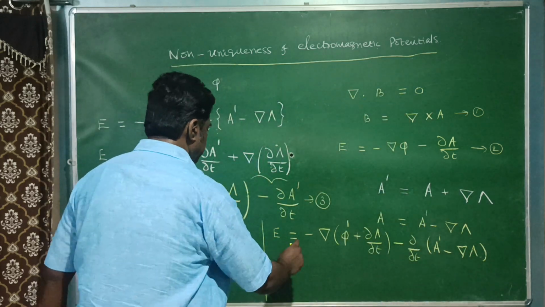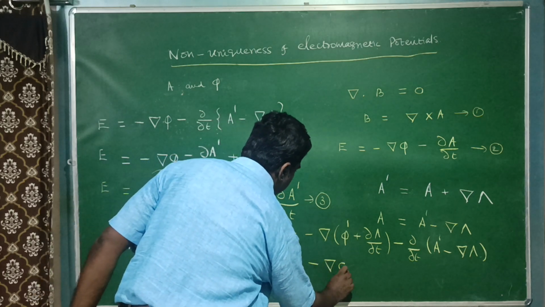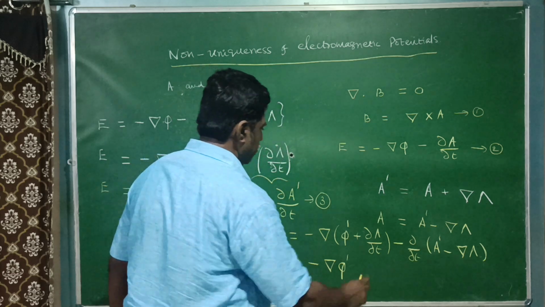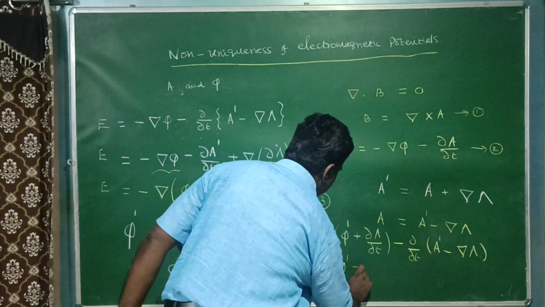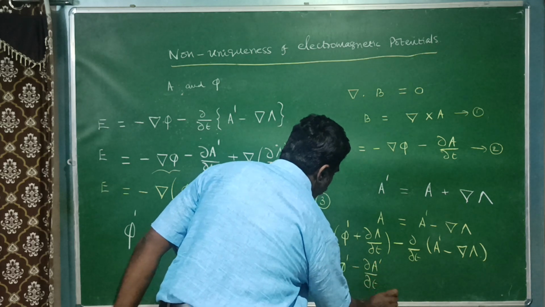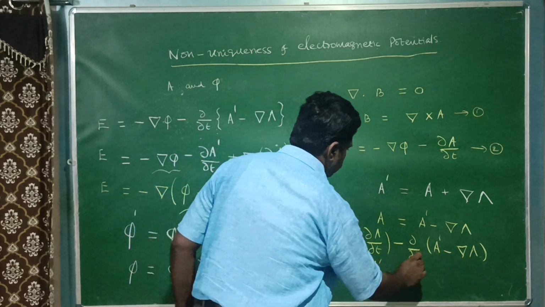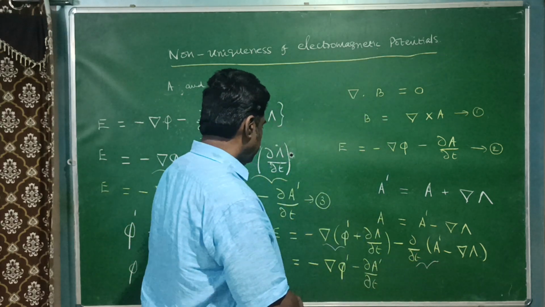If you simplify this, you get minus grad phi dash, then take this term minus dou A dash by dou t. We have combined these two terms.